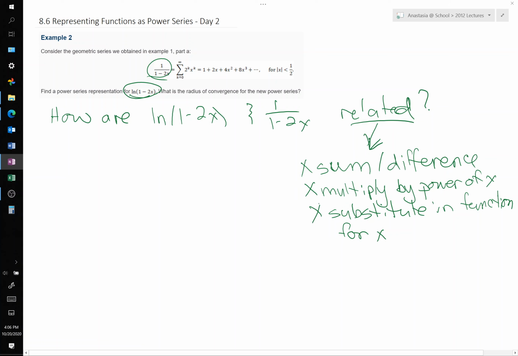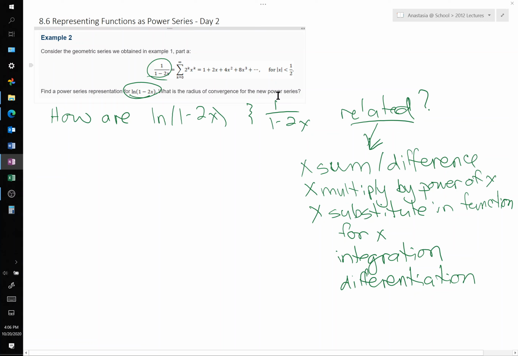Now with what we have seen in this lecture, we also have integration or differentiation. So then the question is, can we differentiate 1 over 1 minus 2x to get to the natural log of 1 minus 2x, or can we integrate 1 over 1 minus 2x to get to the natural log of 1 minus 2x?